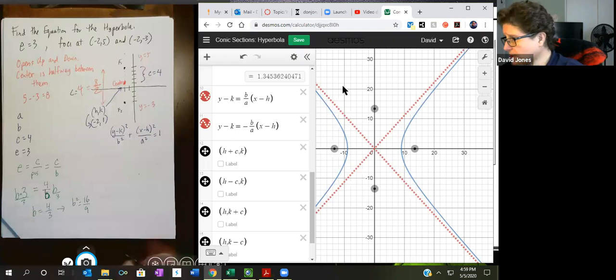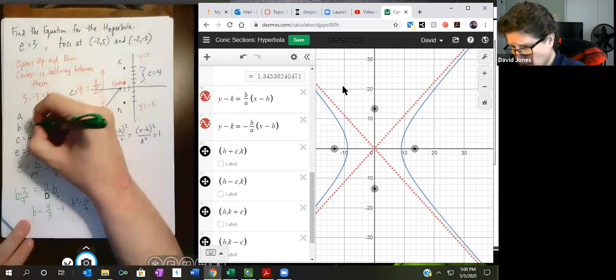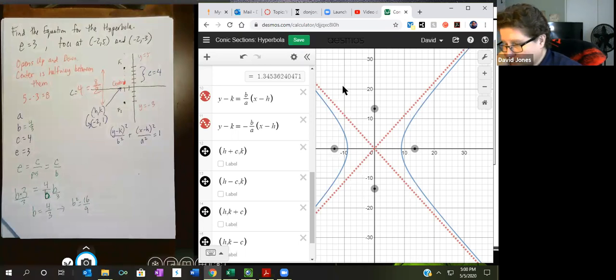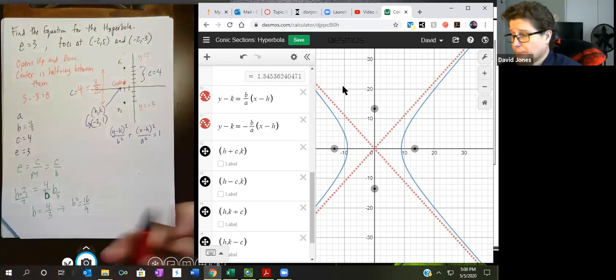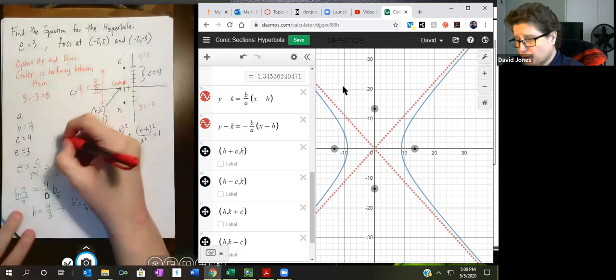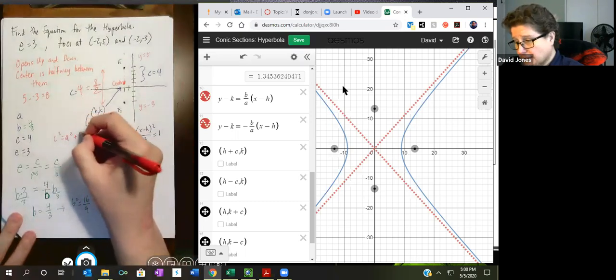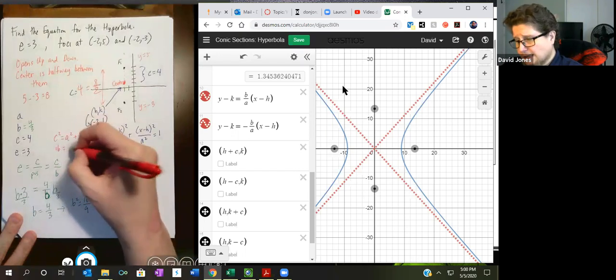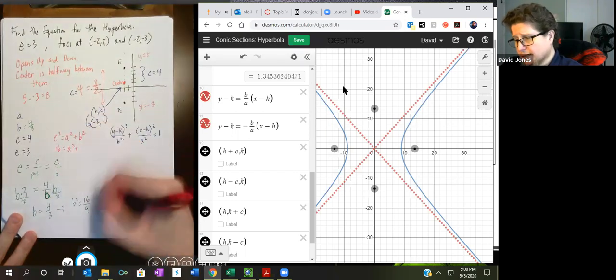Okay, that helps somewhat. Can I find A? We can. C squared equals A squared plus B squared. C squared is 16. B squared is 16 over 9.